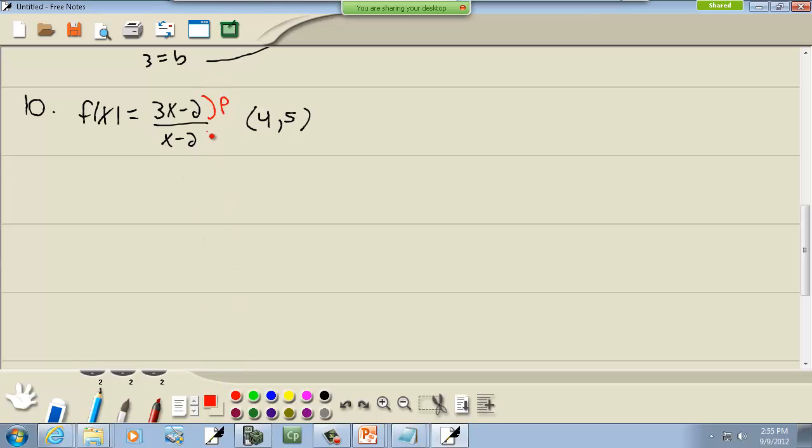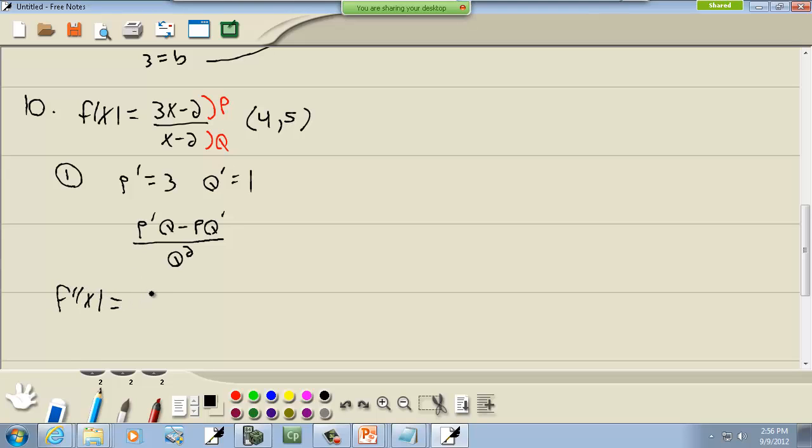Top part is p, bottom part is q. So p prime will equal 3, q prime will be 1. And for our derivative, we're going to have p prime q minus p q prime over q squared.